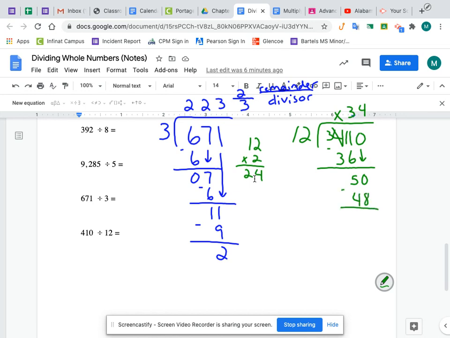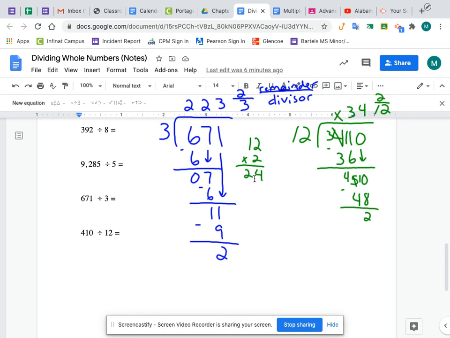I can think of this as 50 subtract 48, which is 2, or you can do the borrowing if that's what is most comfortable for you. So 2 12ths is going to end up being my remainder, and for now, that's the way we're going to write it. Some of you may recognize that you could reduce that, but for right now, let's just leave it as 2 12ths, and we can worry about the reducing part of it later.